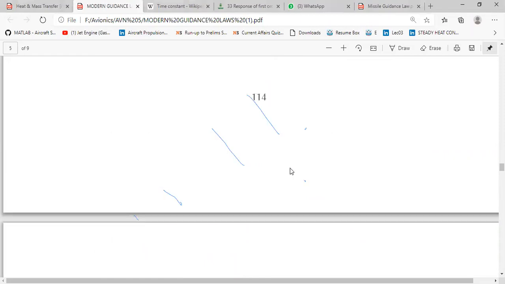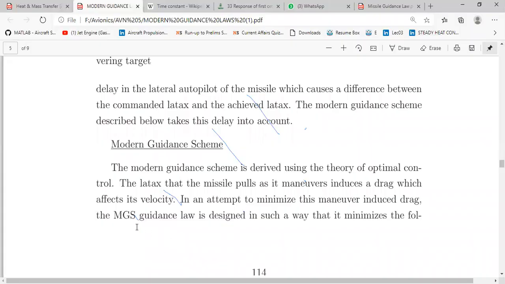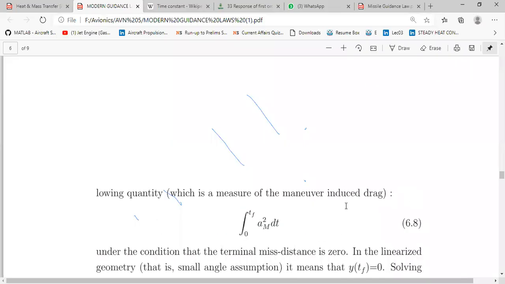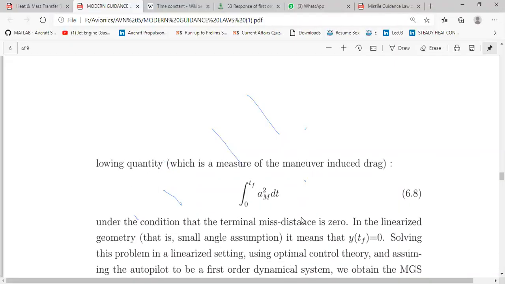So here, we design the MGS in such a way that it minimizes the following term. So this term we are minimizing so that your induced drag will be low. If you integrate your lateral command from 0 to TF and keep it minimum under the condition that miss distance is 0, means you are not missing the target, but you want to minimize this value in order to minimize the induced drag.